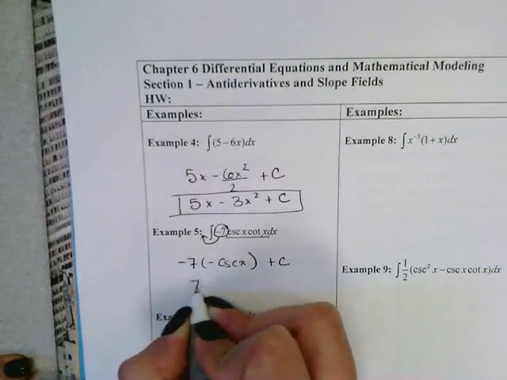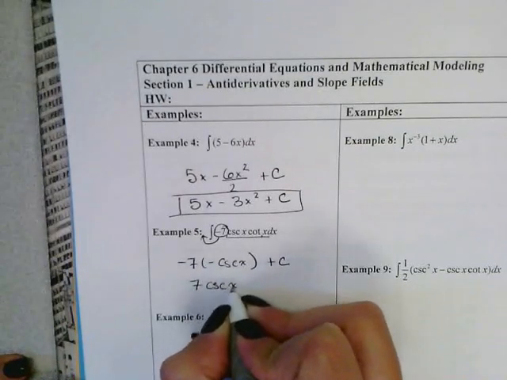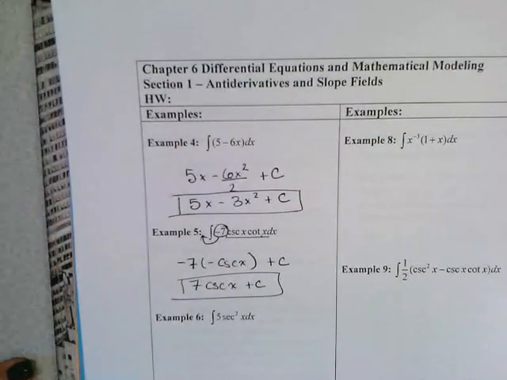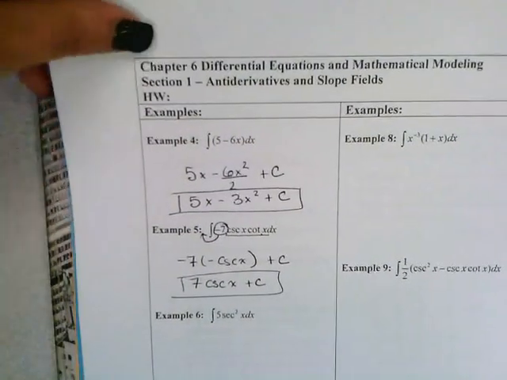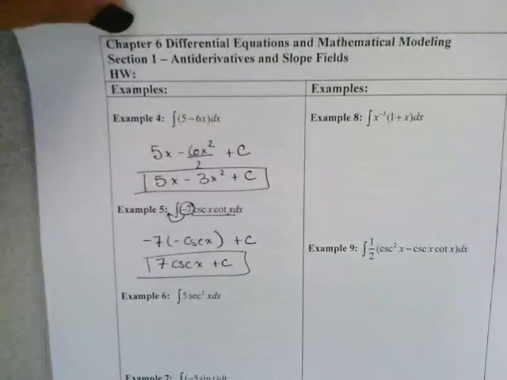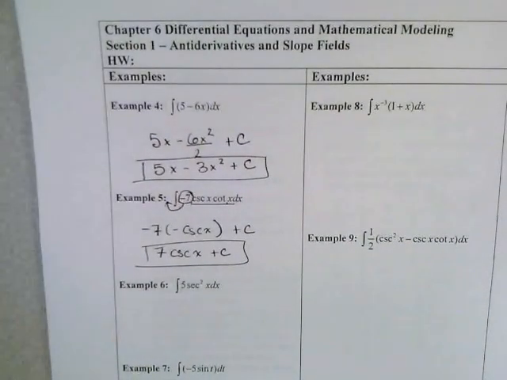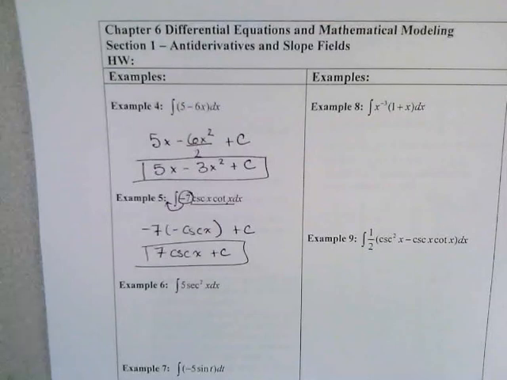The two negatives cancel out. Alright, so take time to finish these up. They're really easy if you memorize your trig, your derivative and integral rules.